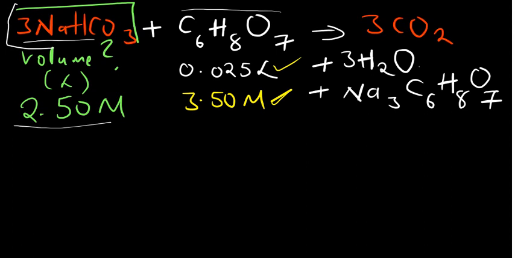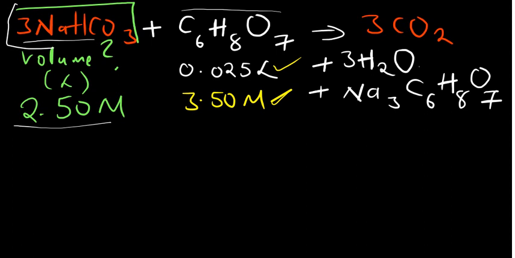Okay. So now the equation, what information are we getting from the equation? We need to basically appreciate the information that we get from a balanced chemical equation by now. Okay, thank you very much.